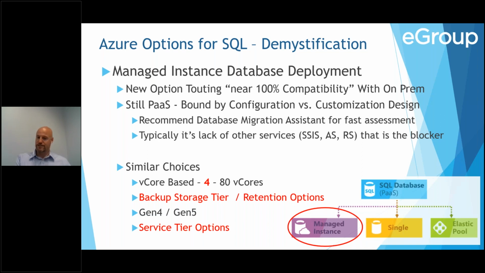If you're looking to manage that instance by yourself, that would be the IaaS version versus managed instance of PaaS. And so we recommend the Database Migration Assistant for fast assessment. Typically it's a lack of other services. Managed instance does solve some of these, but I'll show it here on the assessment.